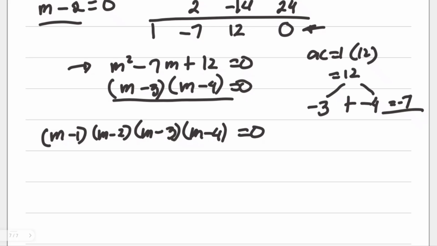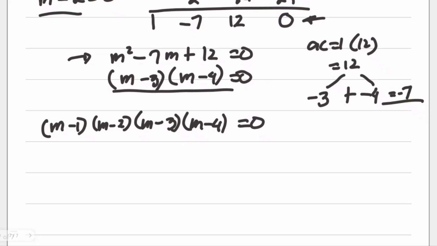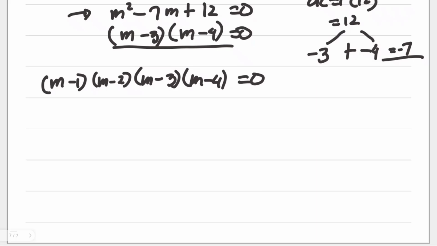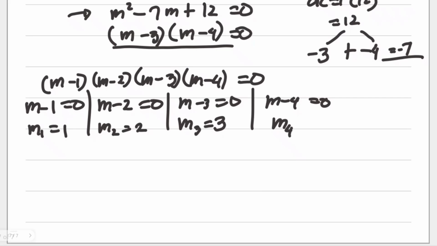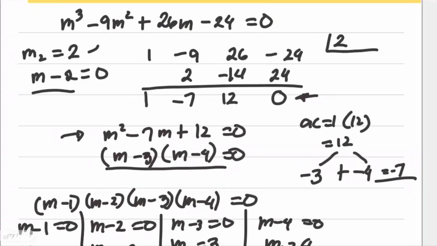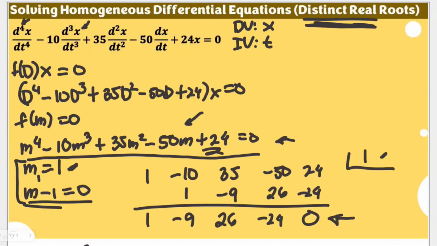Of course, we have already shown the 2 factors, but just for the purpose of discussion, let's just continue here using the zero product property. m minus 1 equal to 0, the first root is 1. m minus 2 equal to 0, the second root is 2. The third root is when m minus 3 is equal to 0, so it's actually a 3. And finally, m minus 4 equal to 0, the fourth root is now 4. Clearly, the roots are distinct and all real. So this is already satisfied as claimed earlier.